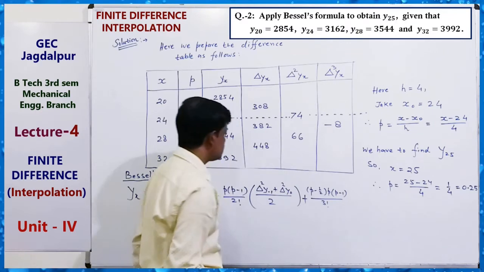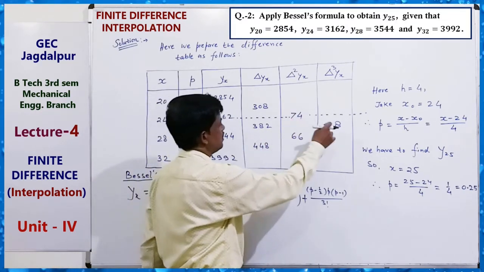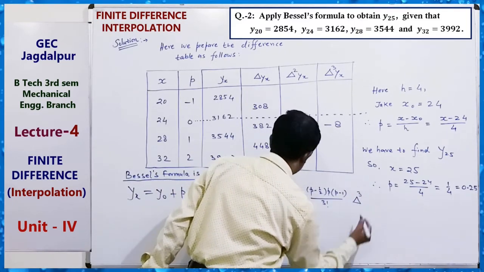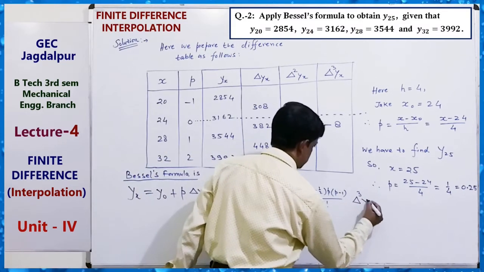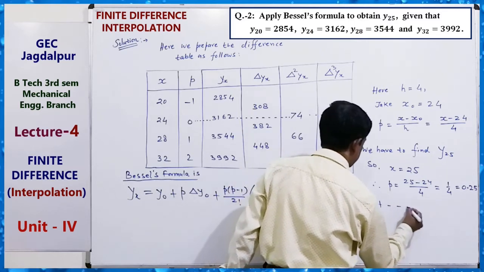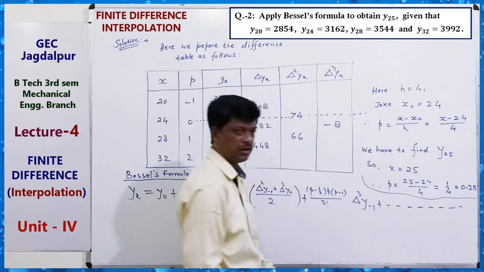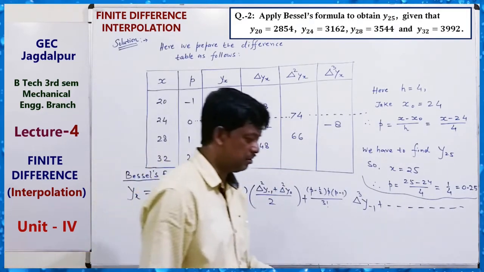Here not the average, just take the value, the third difference at y minus 1. We require up to here only, so write up to here.